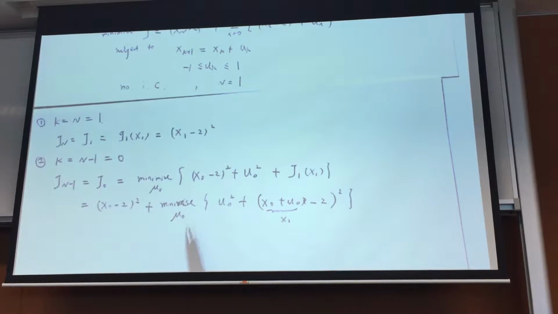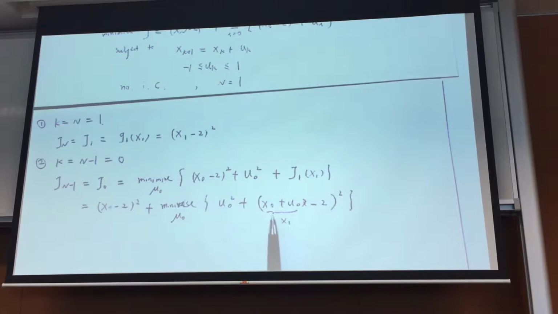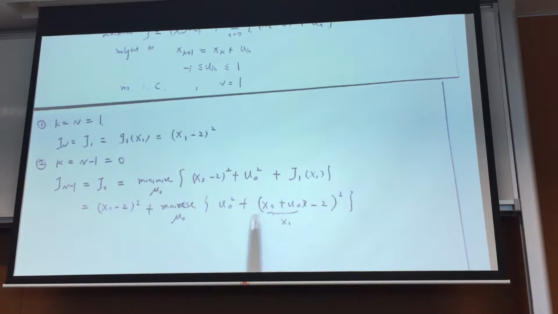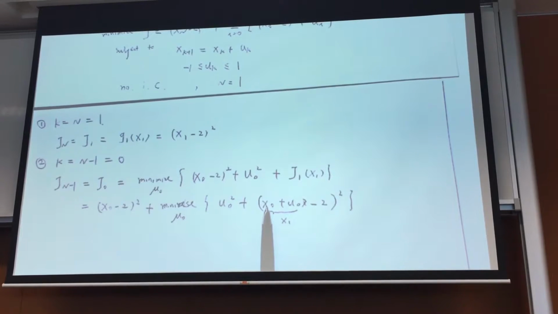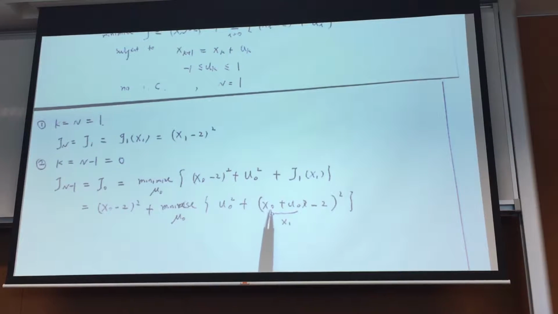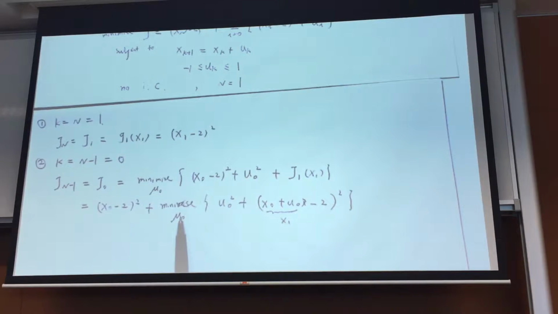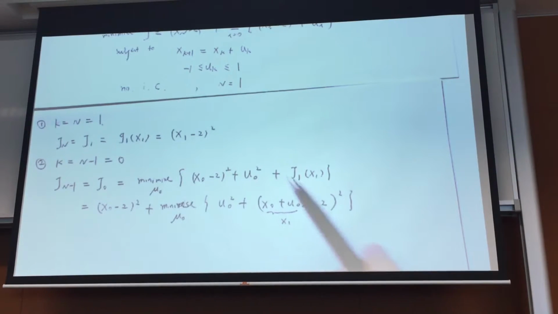Now our task is to minimize this function. There are two variables: u0 is the input, and x0 is the initial state, which can be treated as a constant because we optimize in terms of u0. So it becomes an unconstrained optimization problem.